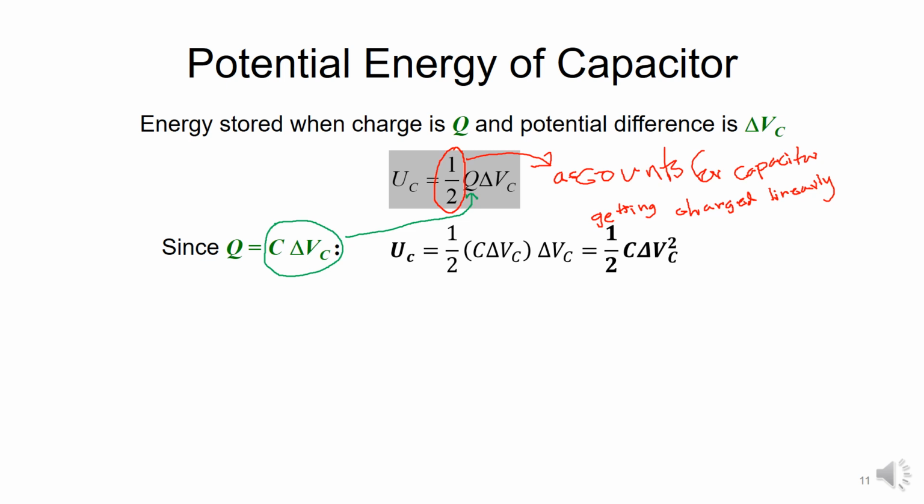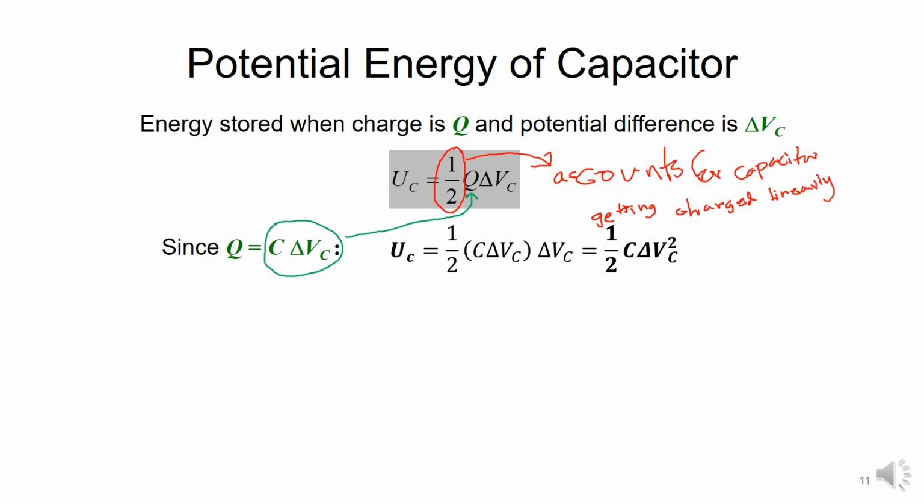If we do that, our energy equation becomes different. Substituting for Q and multiplied by the other delta V, we end up with half times C times delta V squared. So that's another equation for calculating the potential energy.